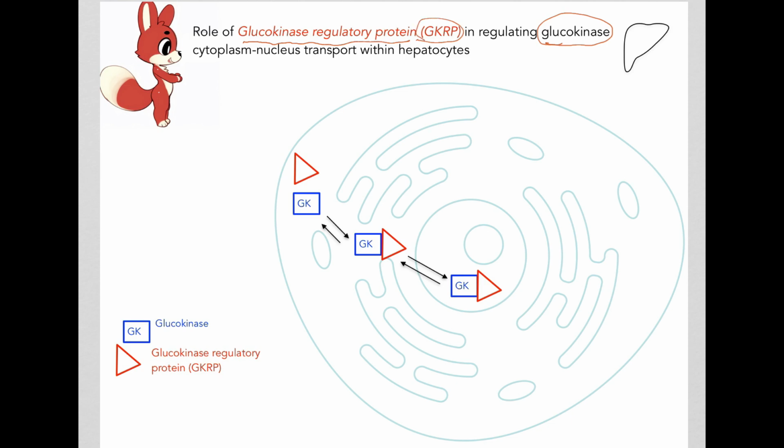And this protein, GKRP, binds glucokinase and can send the glucokinase into the nucleus. So remember, glycolysis happens in the cytoplasm, and that's where we need glucokinase. However, this protein can actually bind glucokinase and transport it into the nucleus.